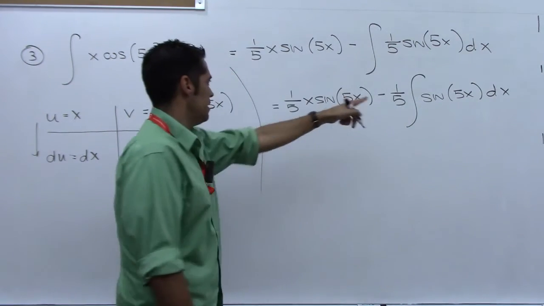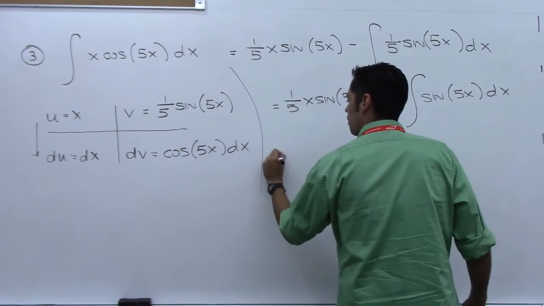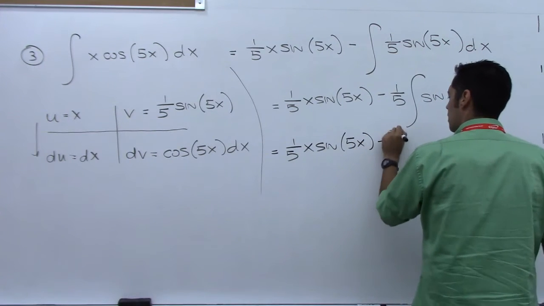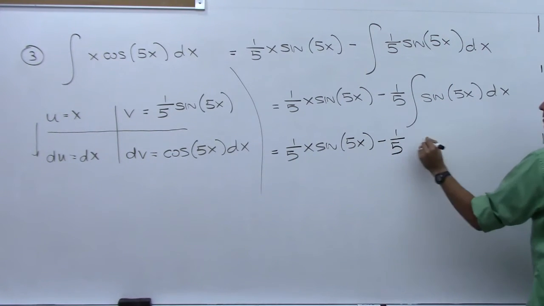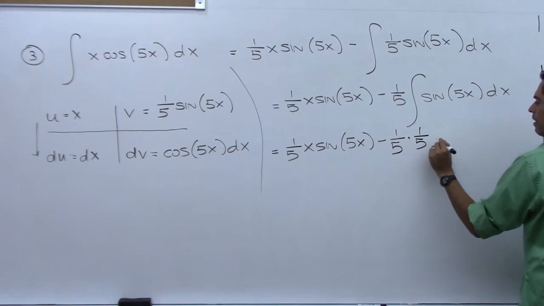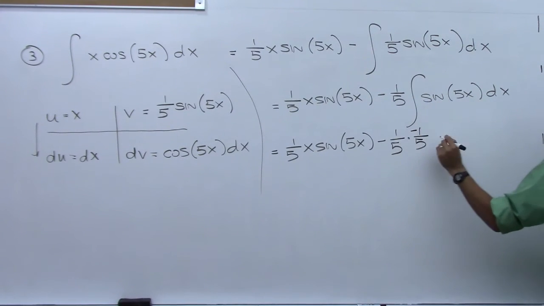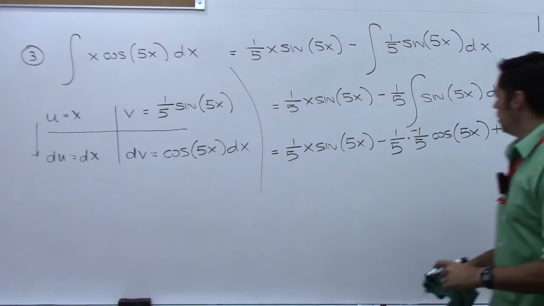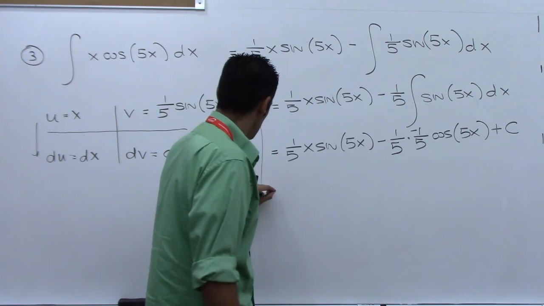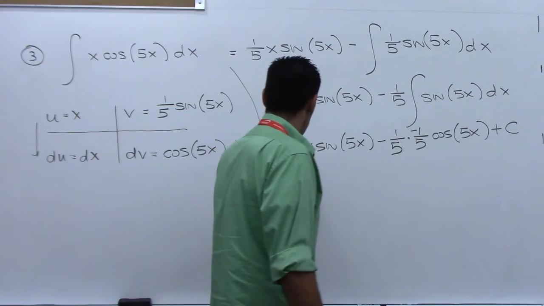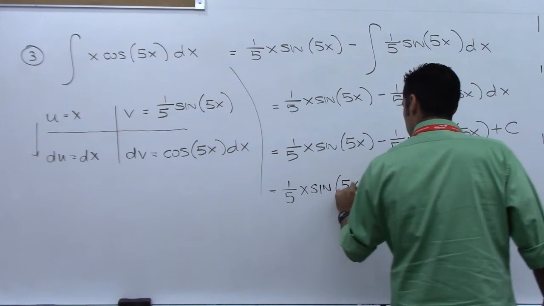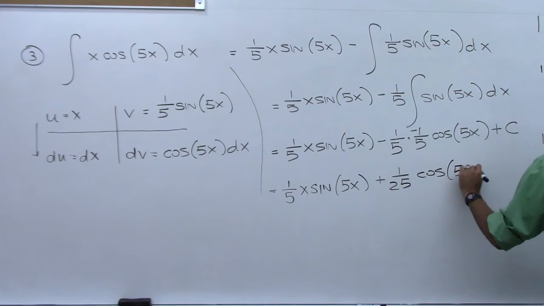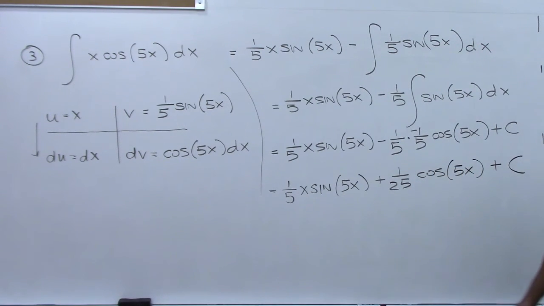And then the last step is to take the antiderivative of this. So 1/5 x sine 5x minus 1/5, and then the antiderivative here, we have another 1/5. We have negative, actually, because the antiderivative of sine is cosine. 5x plus c. And then put it all together: 1/5 x sine 5x plus 1/25 cosine 5x plus c. That's it.